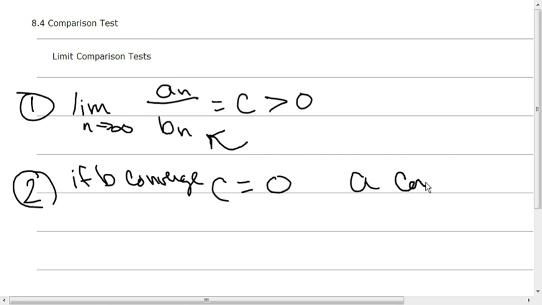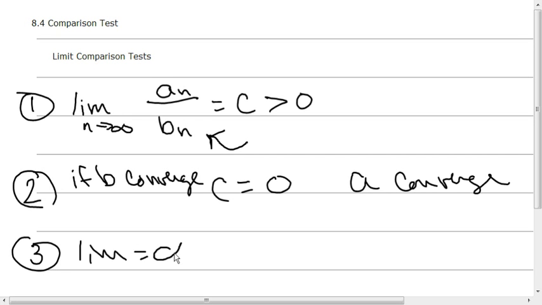And then finally 3, we have the situation where our limit is equal to infinity, and then we know that if b diverges, then by golly, of course, a must diverge.